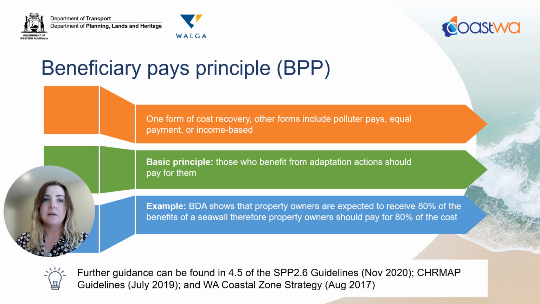So for example, if you undertake a benefit distribution analysis and it shows that property owners receive 80% of the benefits of a seawall, those property owners under the beneficiary pays principle would be required to pay 80% of the cost of that seawall. Again, further guidance on the beneficiary pays principle can be found in 4.5 of the SPP 2.6 guidelines, as well as the CHAR map guidelines and the WA coastal zone strategy.